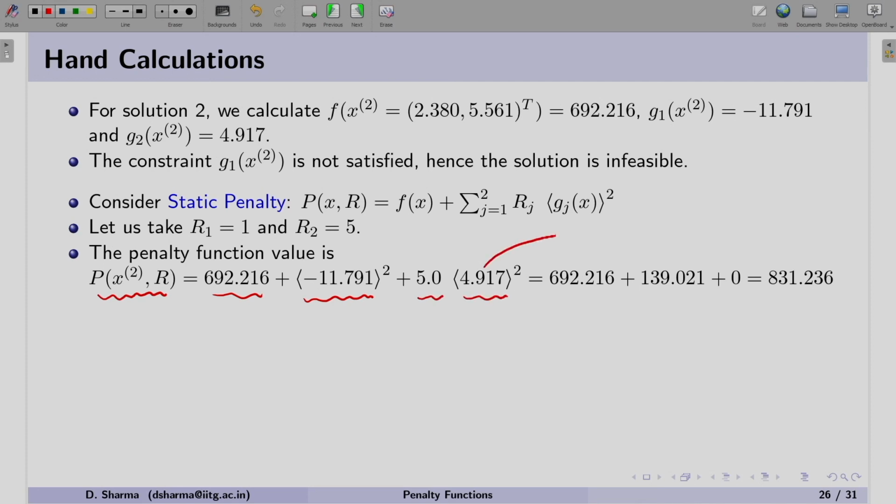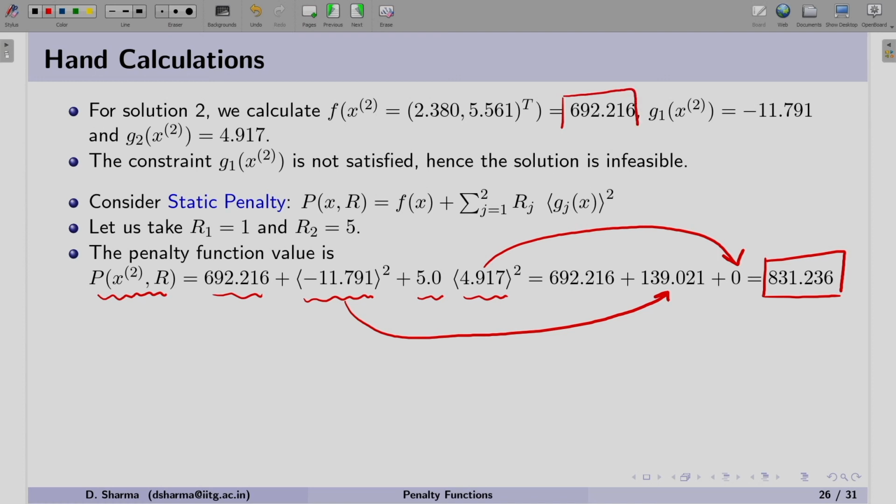Now we know that this is feasible, so this is going to be 0 by the bracket operator. Since it is infeasible, we are taking a square term and adding it as penalty to the objective function. So overall we can see that the penalty function value is more than the objective function value given on the top, for an infeasible solution.